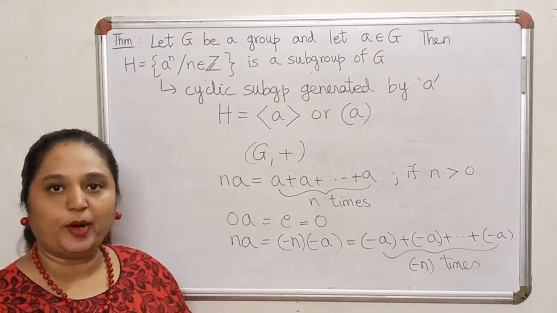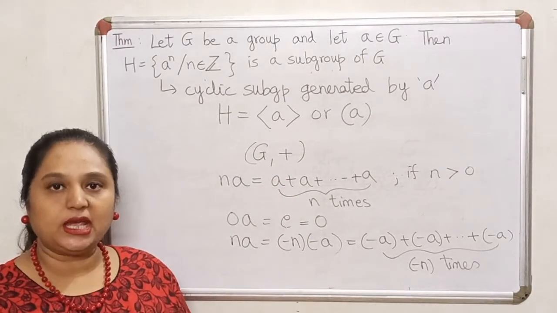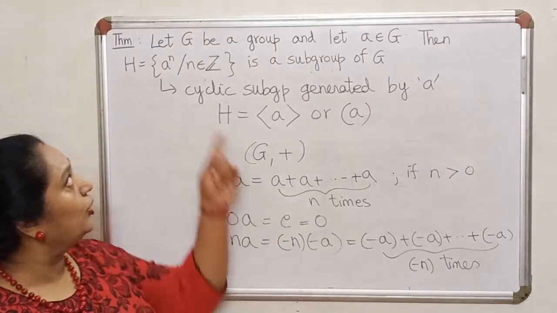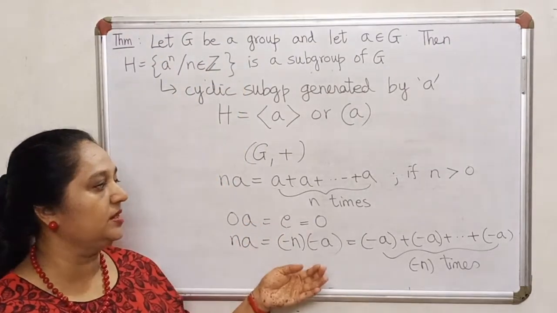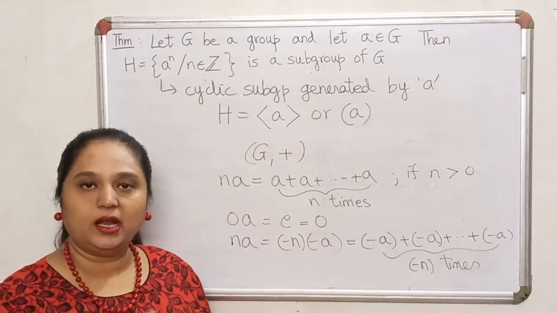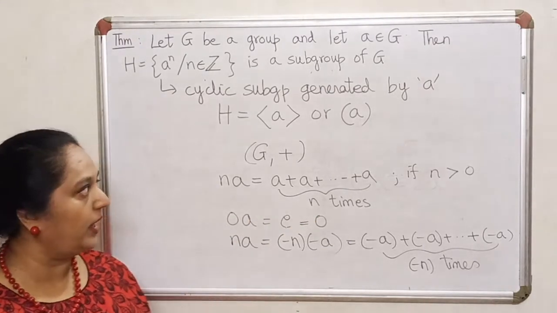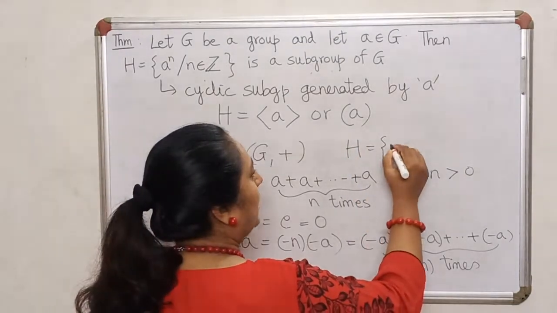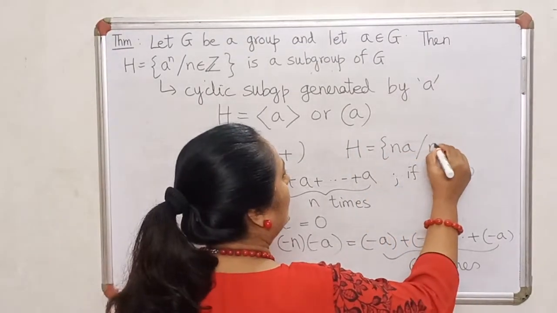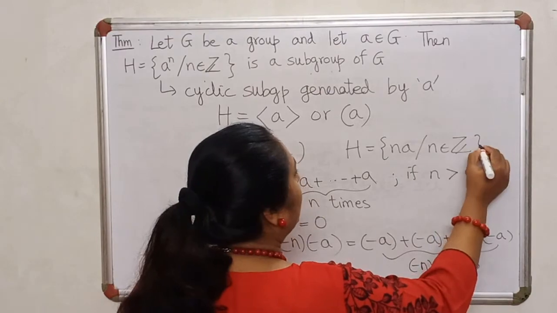So in case the group operation is addition, keep in mind that instead of integral powers of A, it makes more sense to take integral multiples of A. So over here, my set H will look like n times A, where n is any integer.